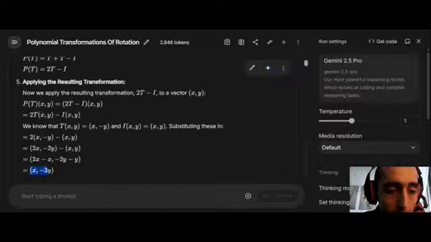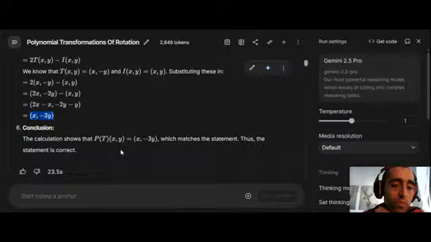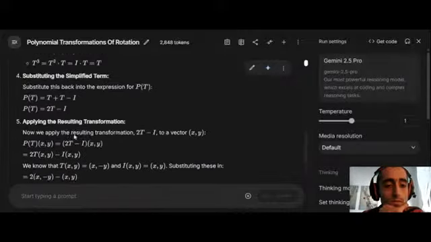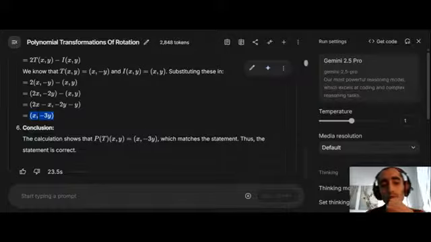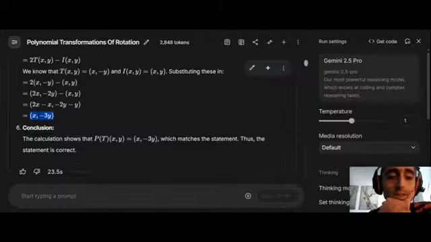So we are getting the vector x, comma, minus 3y. So this is true. The statement is correct. Taking this rotation transformation t and applying it to the polynomial we got really takes a vector xy and transforms it into x, comma, minus 3y.